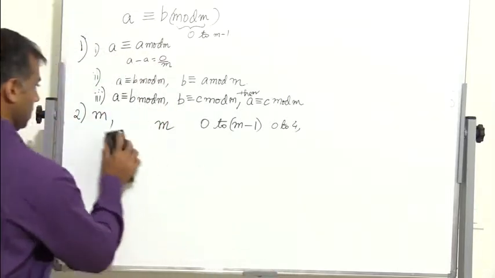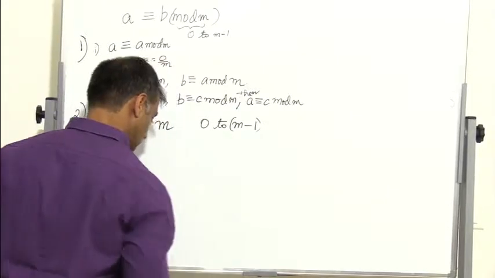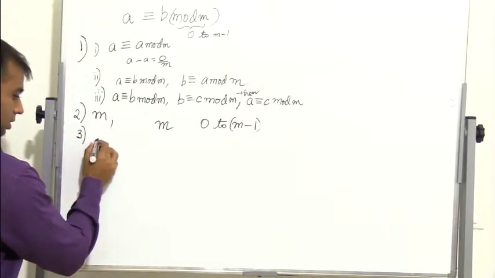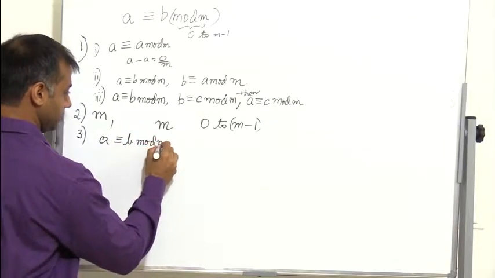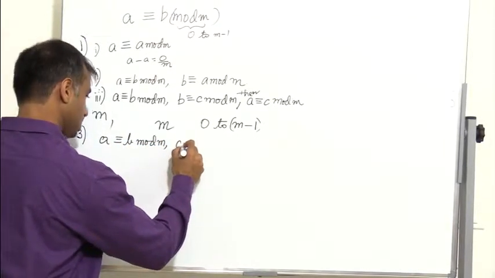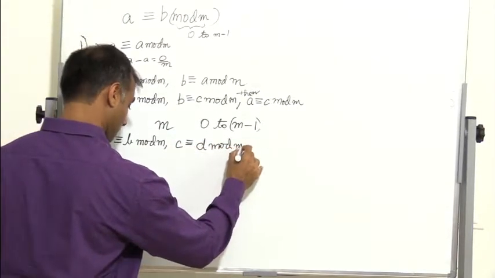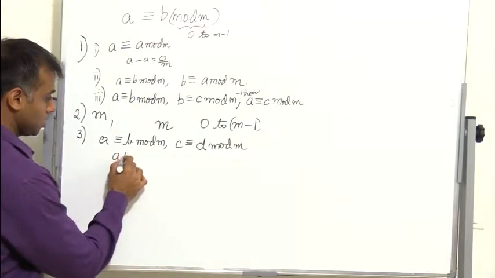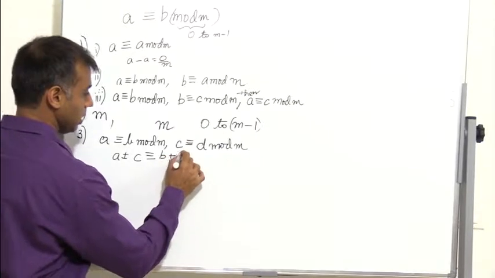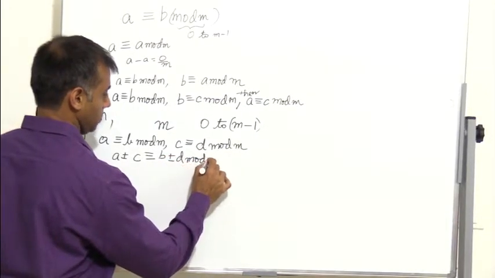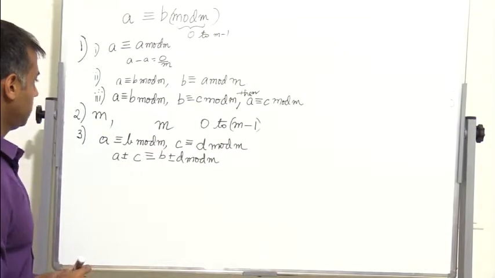So let's see the third property. The third property states that if A is congruent to B mod N and if C is congruent to D mod N, then A plus or minus C is definitely congruent to B plus or minus D mod N. So let's take an example.